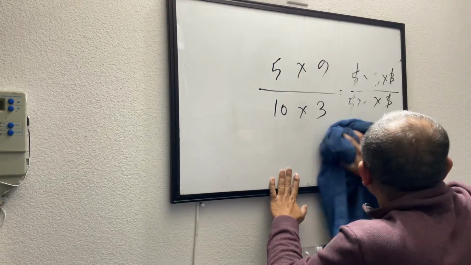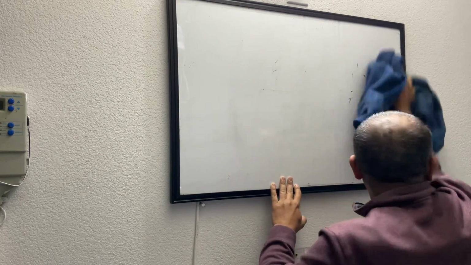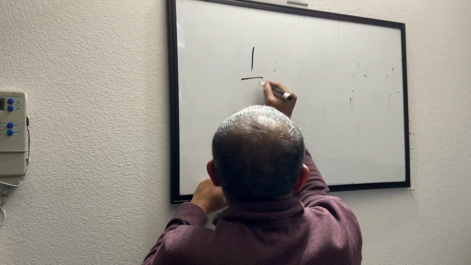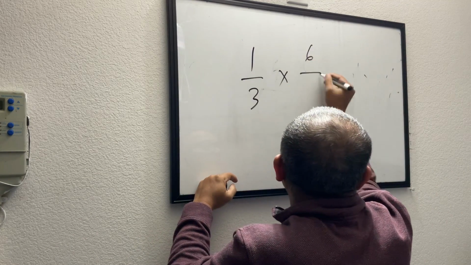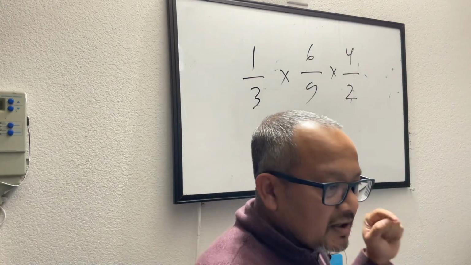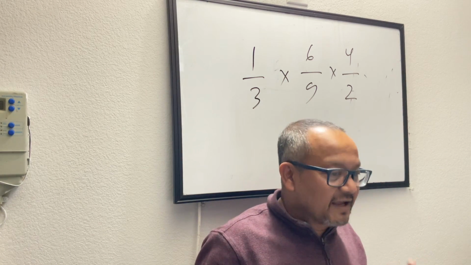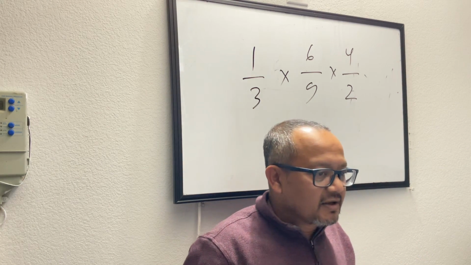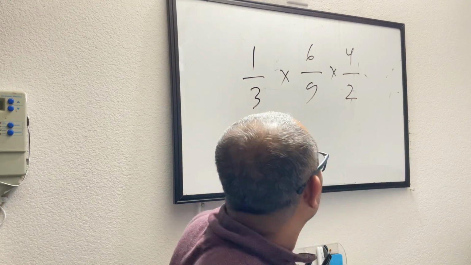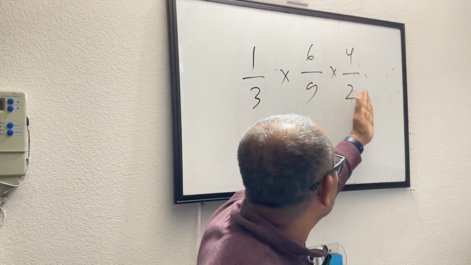Now, if I would have told you guys to multiply 1 over 3 into 6 over 9 into 4 over 2, that would have looked scary to begin with. But it is not. We'll play with this. We have 3 fractions to multiply.